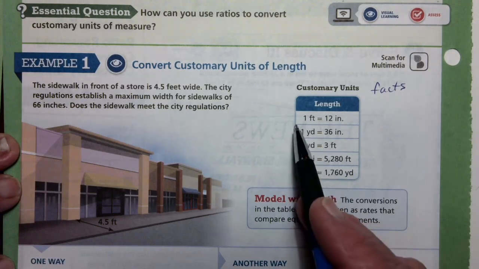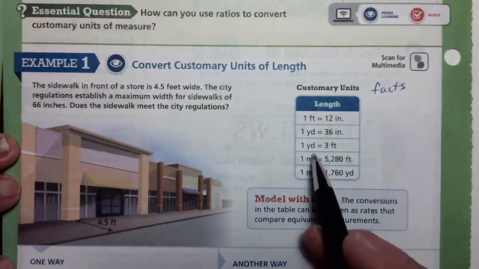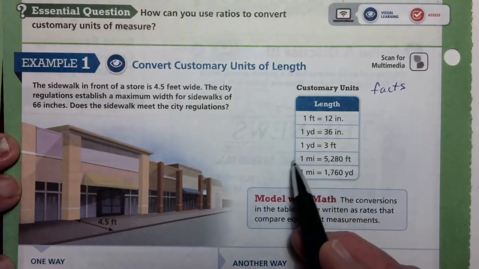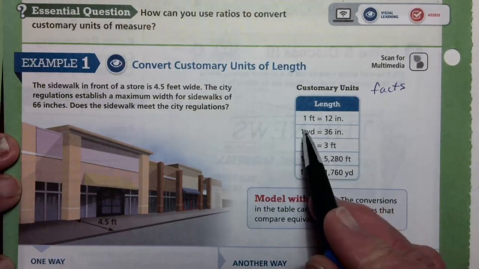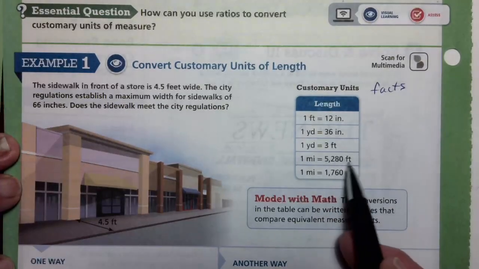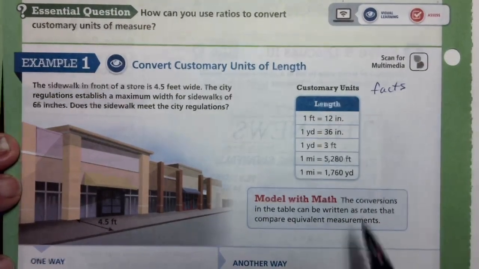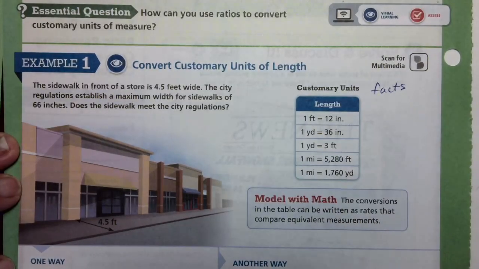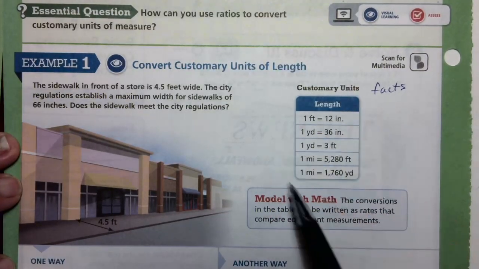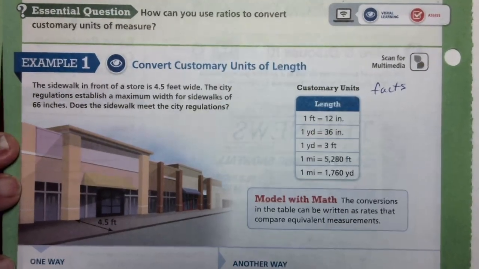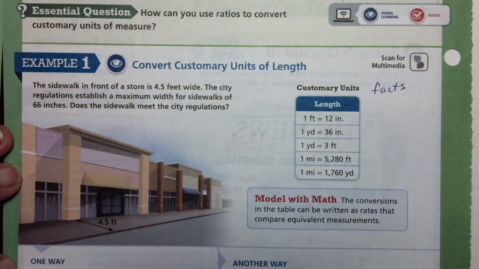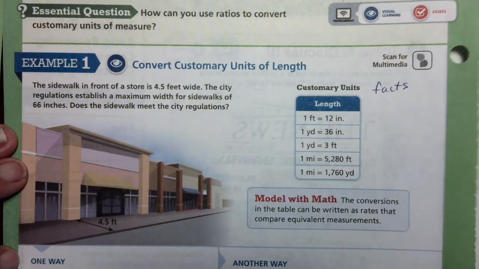There is 1 foot is 12 inches. There's 3 feet in a yard. There's 36 inches in a yard. There's 5,280 feet in a mile. There's 1,760 yards in a mile. Teachers, please make an anchor chart and put these up there and drill your kids on them when they walk in the door every day. Okay? And we're going to use these facts to solve problems, so you have to know them.